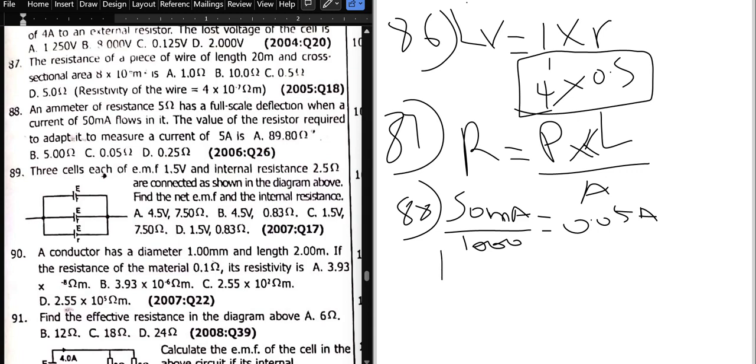The next thing we're going to do is look for our current. Normally, our current is equal to the current of the ammeter plus the current of the shunt, that's the new current. So let's put S there.